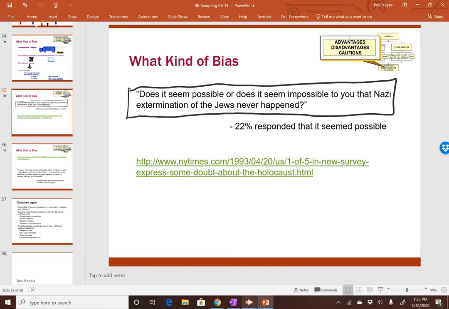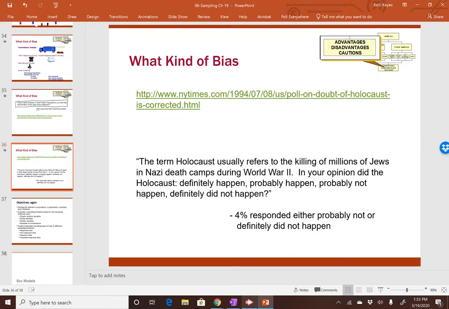So that was the question they asked, and from that they had 22% respond that it seemed possible that it never happened, which at that time they were like, what? How is this right? There's no way.